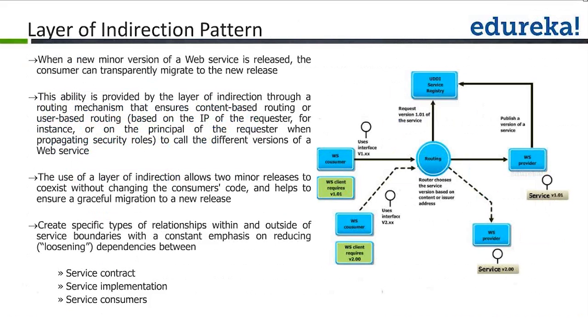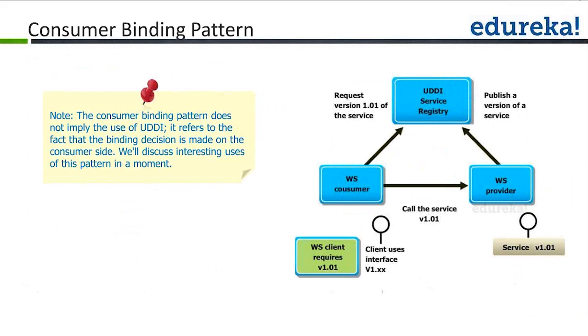If we go to the next slide, slide number 19, you can see a very good picture of what this consumer binding pattern is all about. It is very consumer centric: whatever version the consumer asks for, the UDDI will only return that particular version to the client. Otherwise the client will get an exception, and if that particular version is removed from the UDDI by the provider, the client will also get an exception.